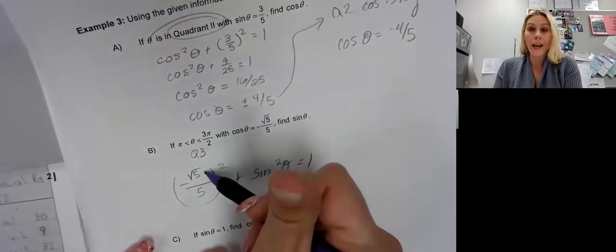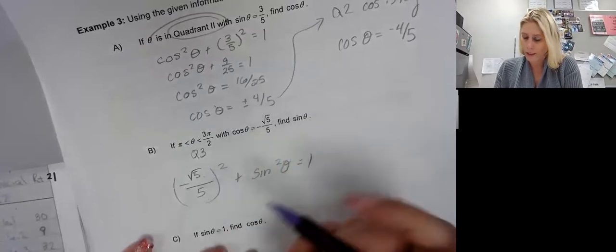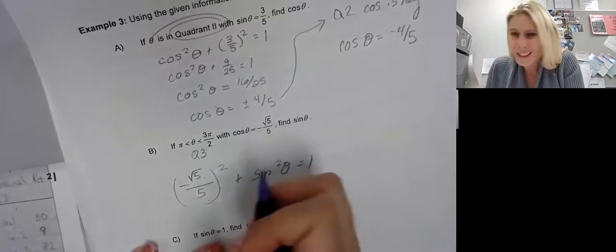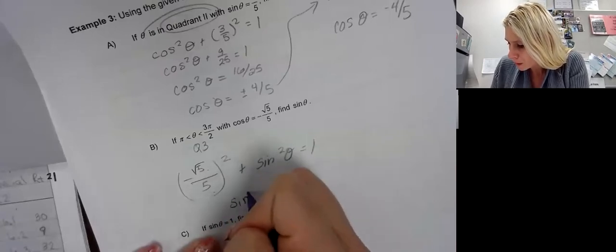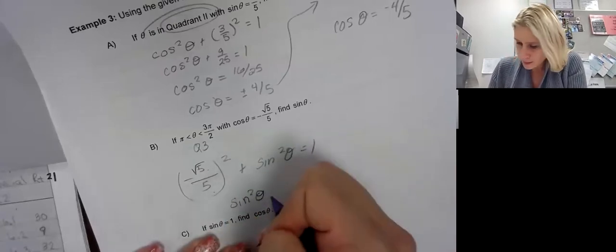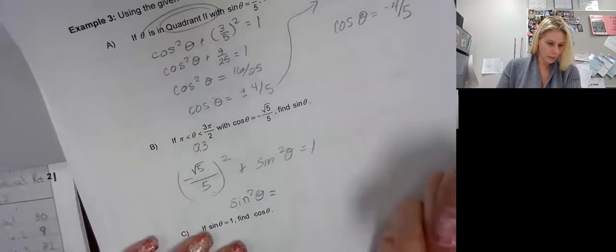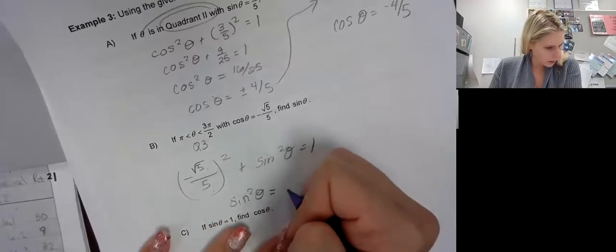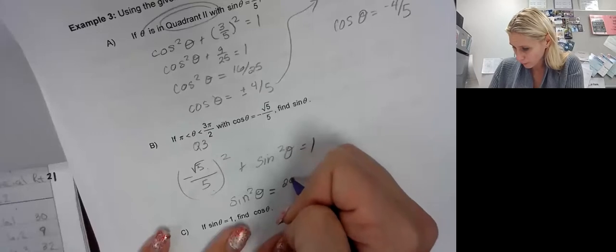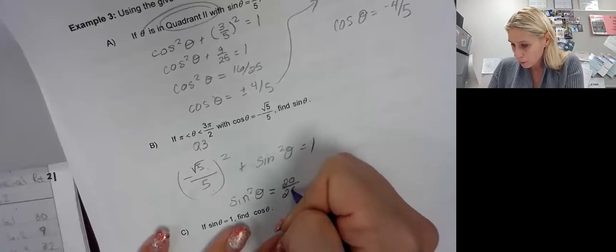So here we have 5/25, and then we're going to subtract that. So I'm skipping just one part this time, guys. So we get sine squared theta equals 20/25. There we go.